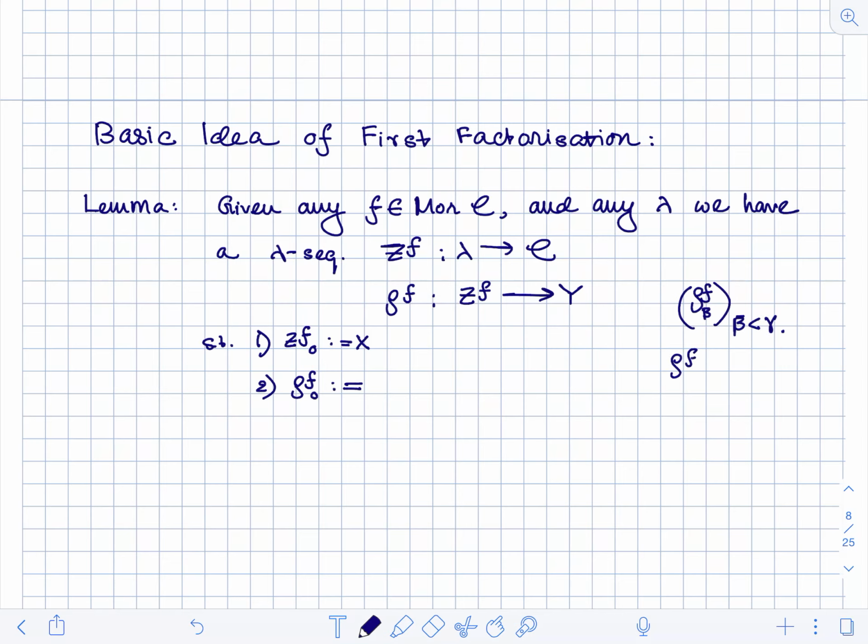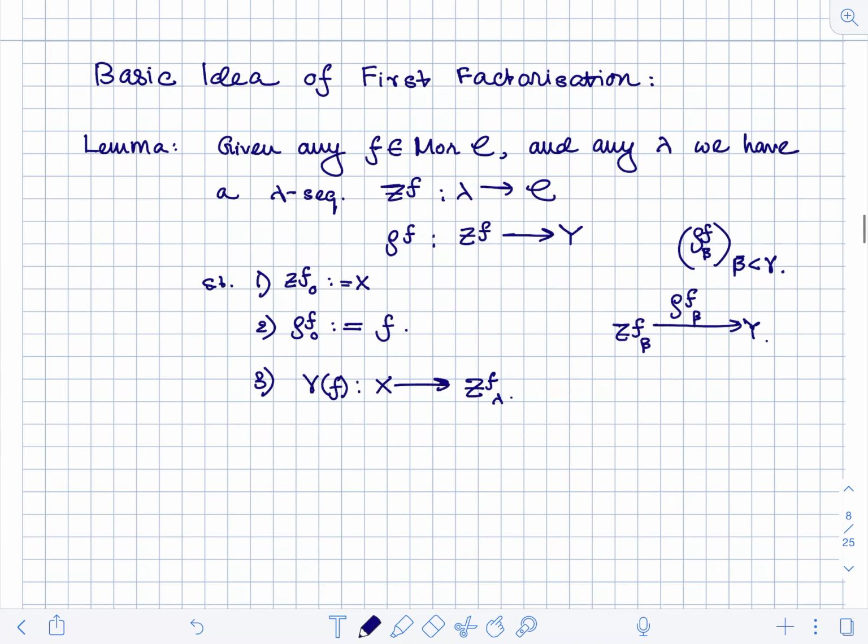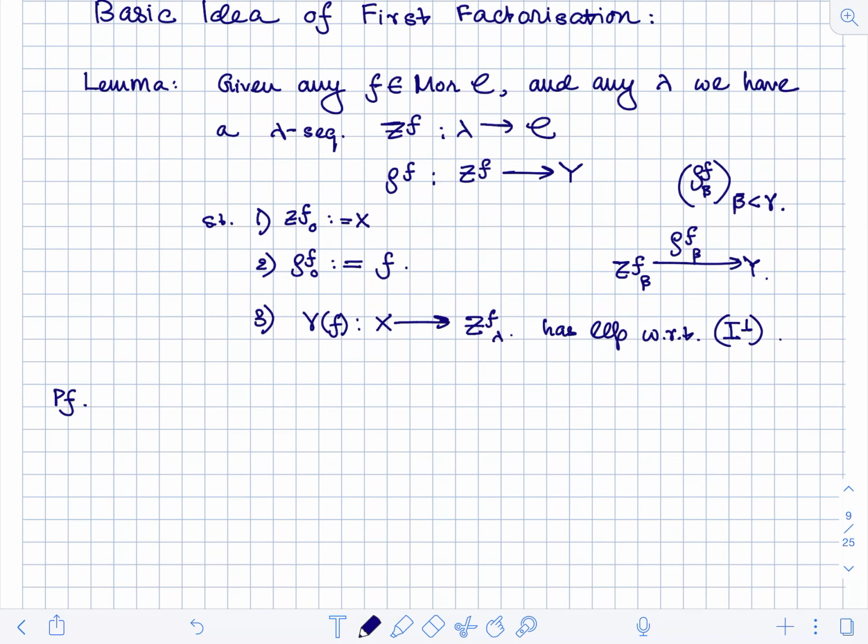Each rho f beta is going to be from ZF beta to Y, and this is going to be F, and we get the transfinite composition, which we call gamma F, of this lambda sequence, which will be an arrow from X, which is ZF naught, to ZF lambda once it's defined, has LLP with respect to I perp.